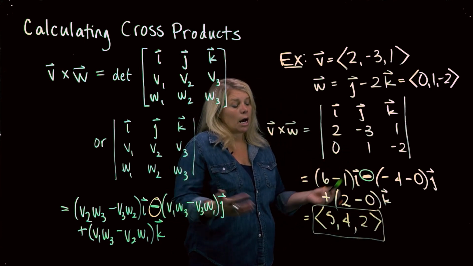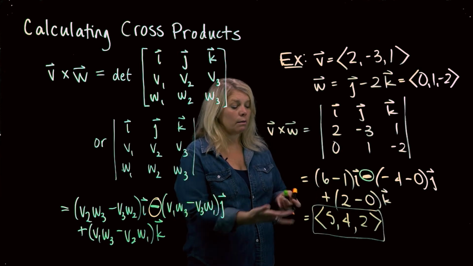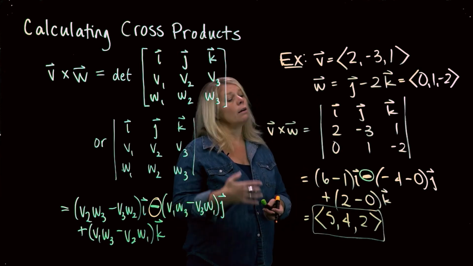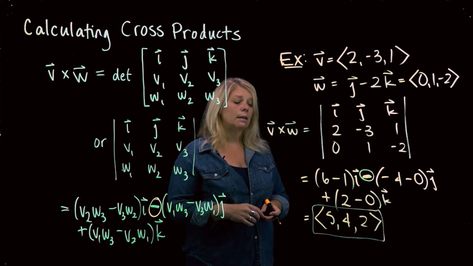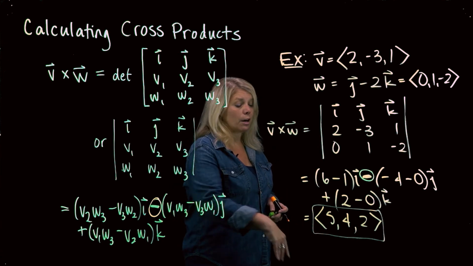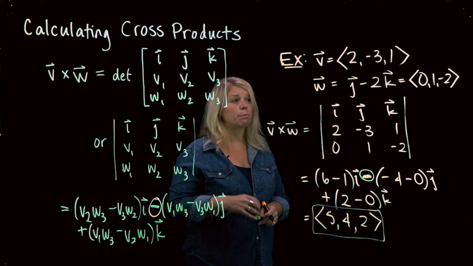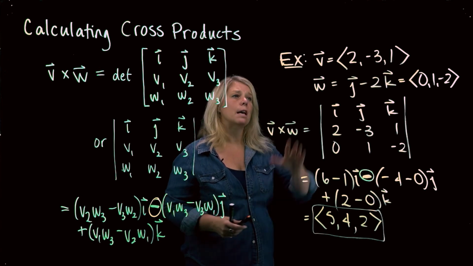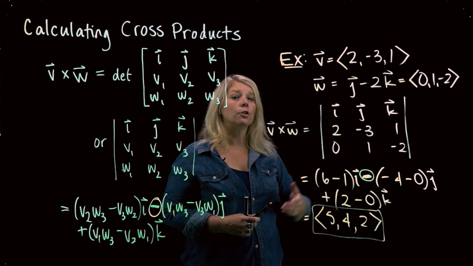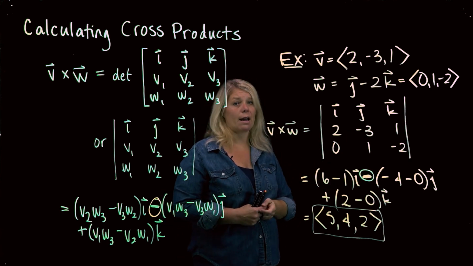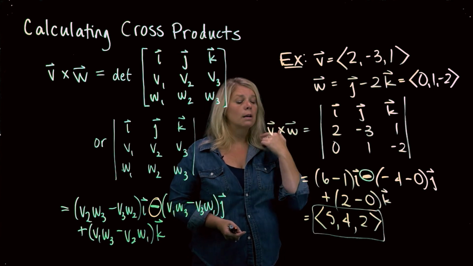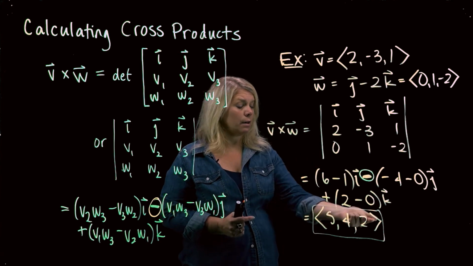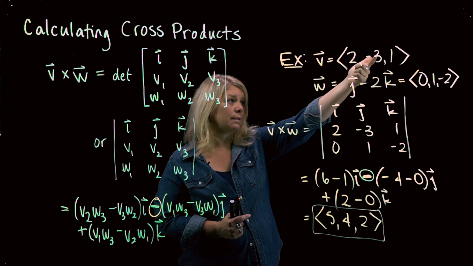So then one question might be, all right, so what is that? So remember in the last video we talked about the geometry, that it's a directed area. So this vector 5, 4, 2 is perpendicular to both v and w. I could check that by verifying that the dot product of this vector with v is 0.